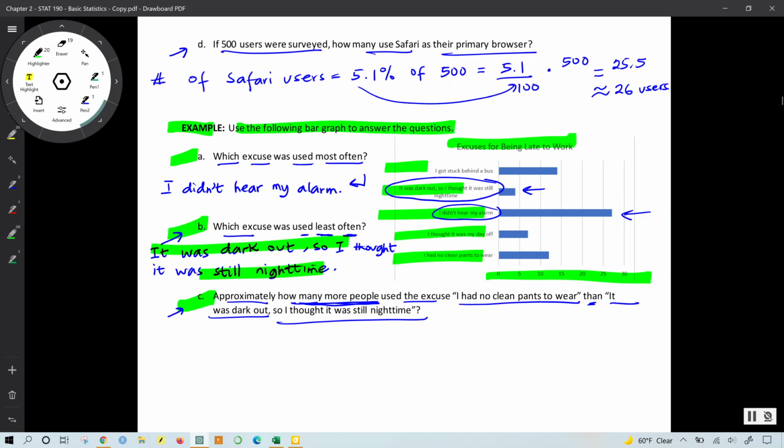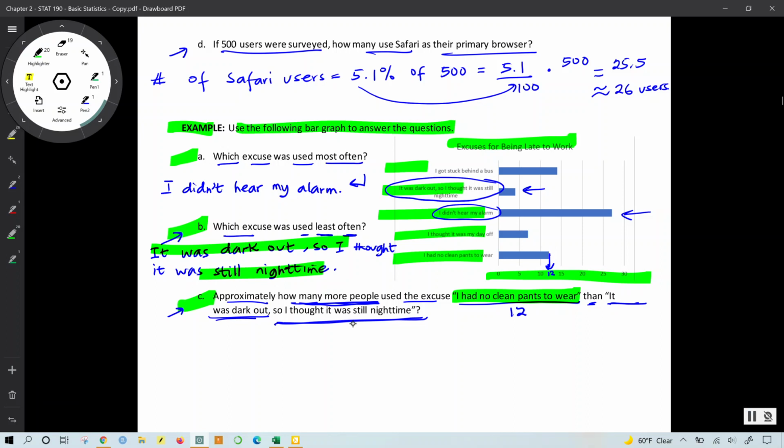What we would do to answer this question is to count how many people had no clean pants to wear from the graph, and that will be approximately 12 people. Looking here, it's approximately 12. And how many used the excuse "It was dark out, so I thought it was still night time"?